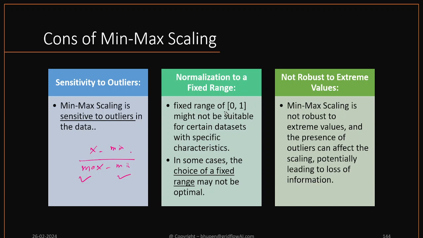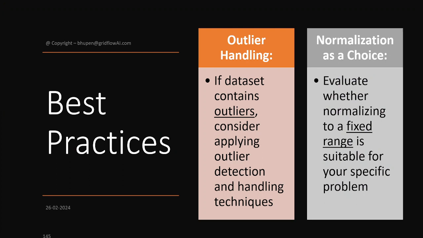Essentially, you will pass the range. By default it is going to be 0 and 1, but you can choose a particular range. That requires some experimentation as well. And it's not robust to extreme values. That means if you have extreme values in the data column, then this method may not be appropriate.